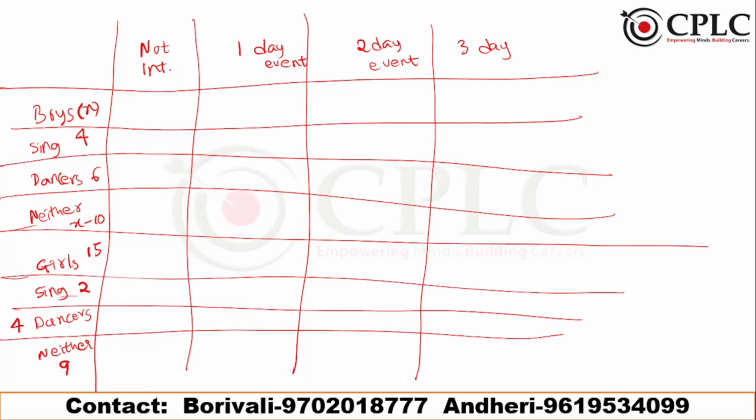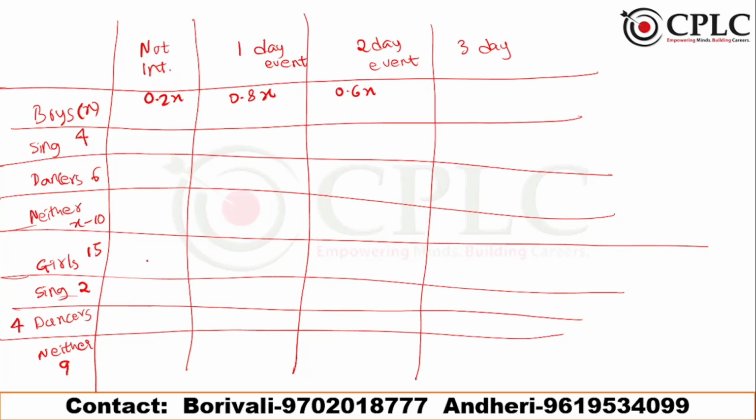Now comes the important information about the 1 day event, 2 day event, etc. So we'll use the equation approach. If you read the data in statements number 1 and 2 precisely, you will see that this is 0.2x, and 20% of the boys are not interested, 80% or 0.8 are for 1 day event, and 0.6 is for 2 day event, basically.